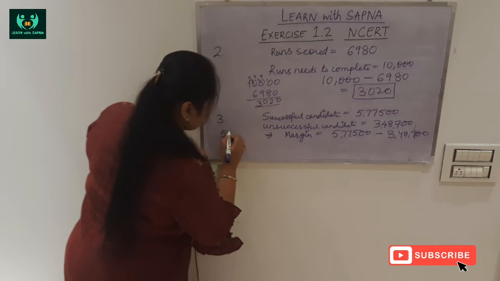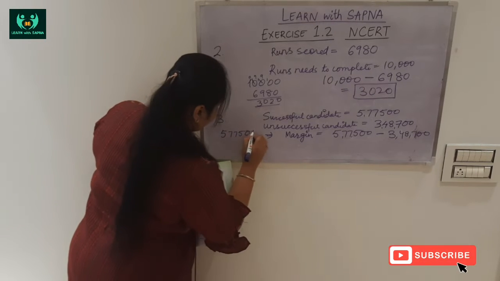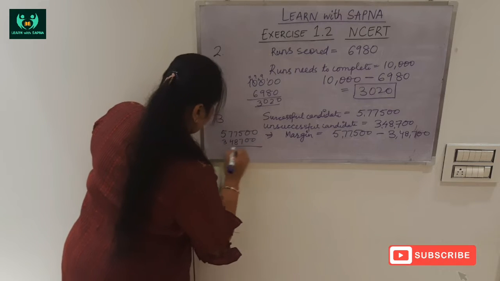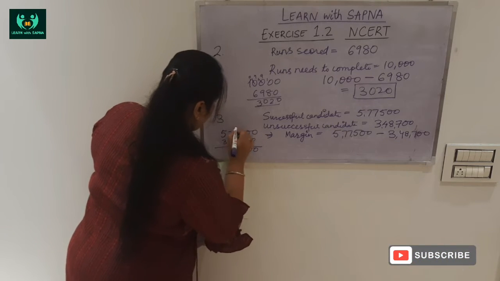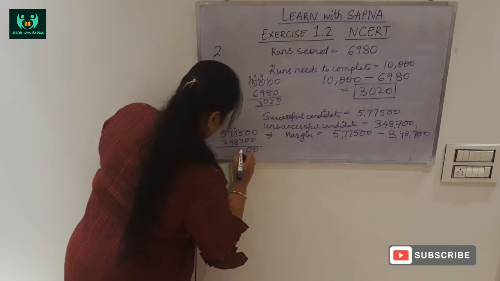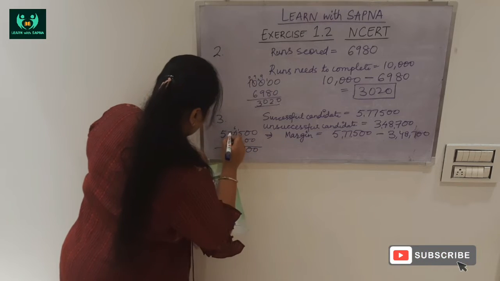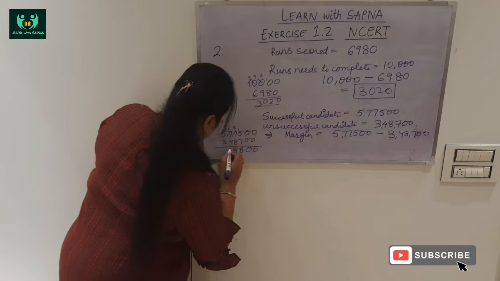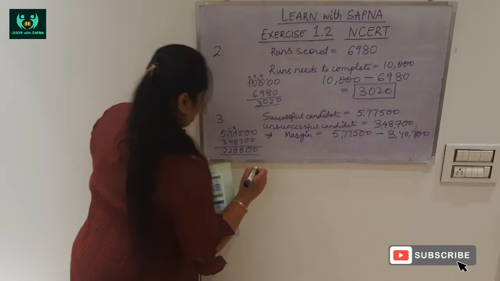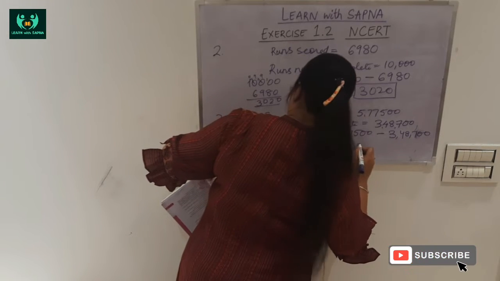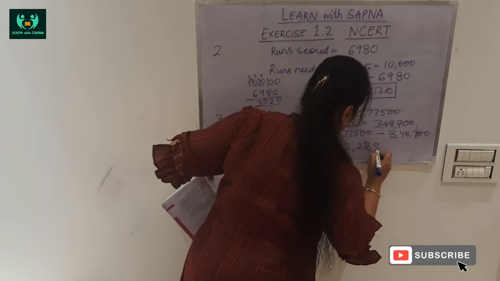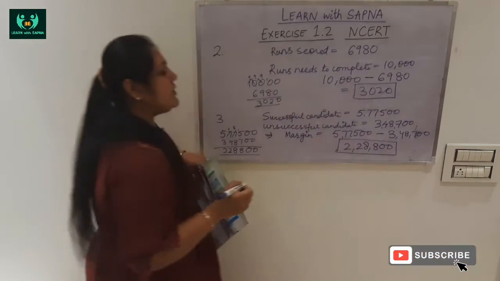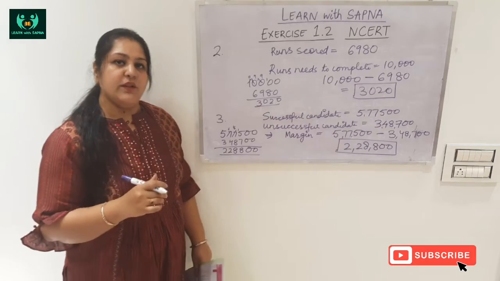Simple subtraction. 62,800. This was the margin by which the successful candidate won the election.